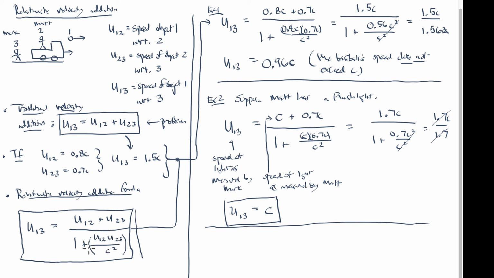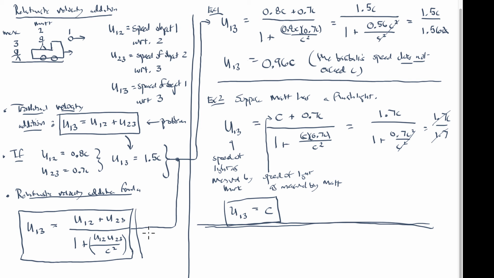So you have 1 plus 0, so you just get a 1 in the denominator, and this reduces to our traditional velocity addition formula. So people who are studying things that are moving not near the speed of light can be forgiven, you might say, for using the traditional velocity addition formula. But this new velocity addition formula purports to be more general than the traditional one.